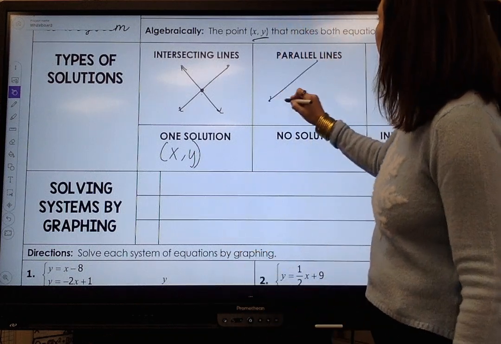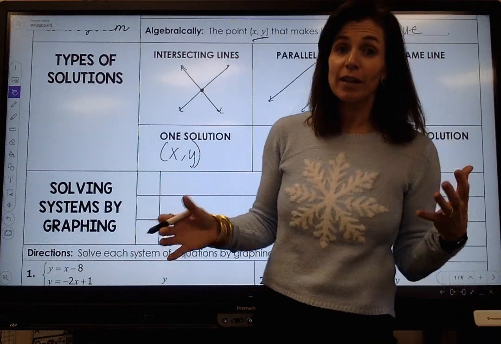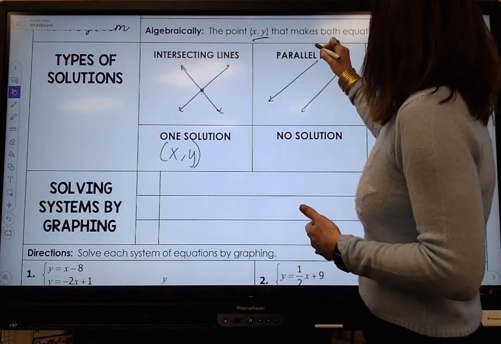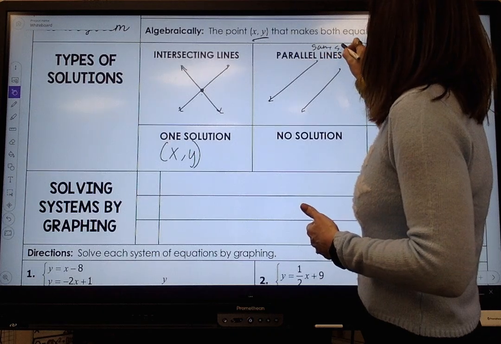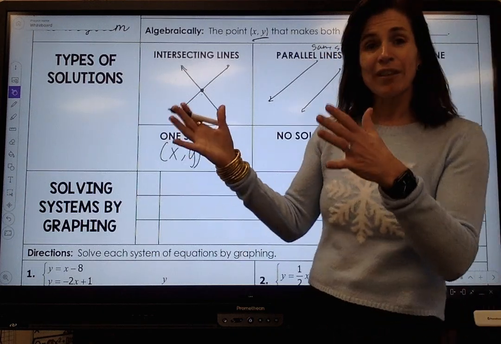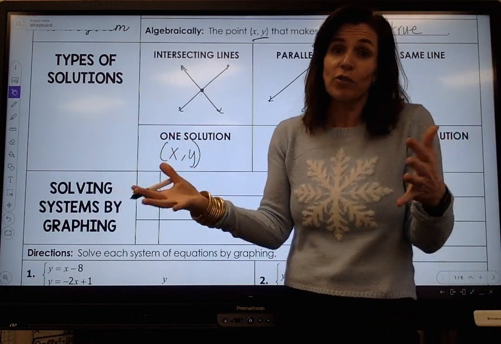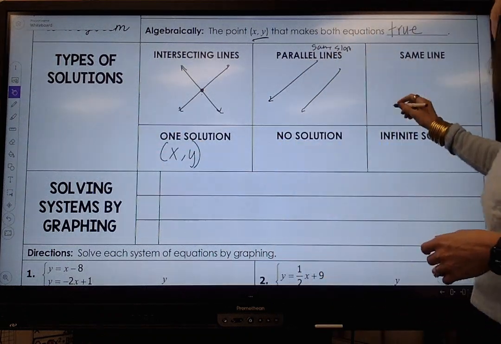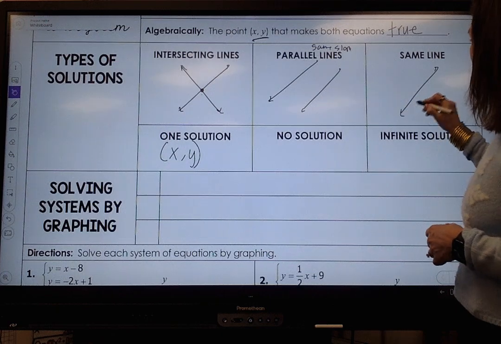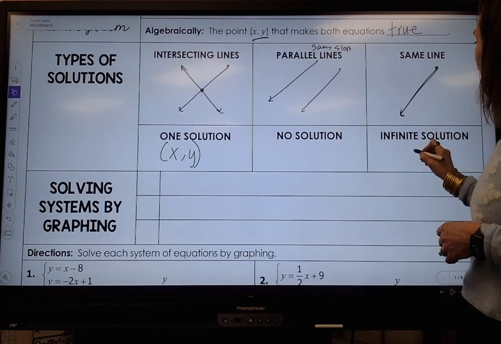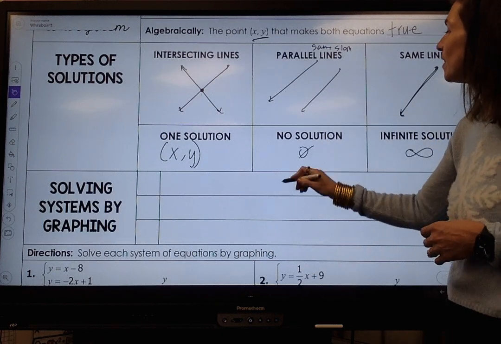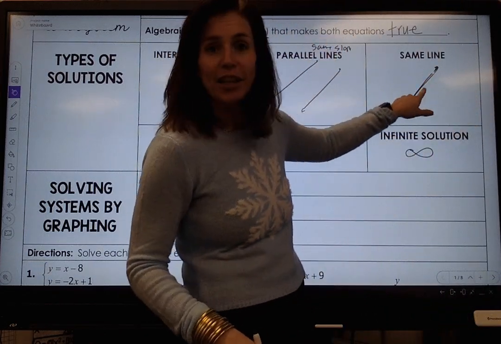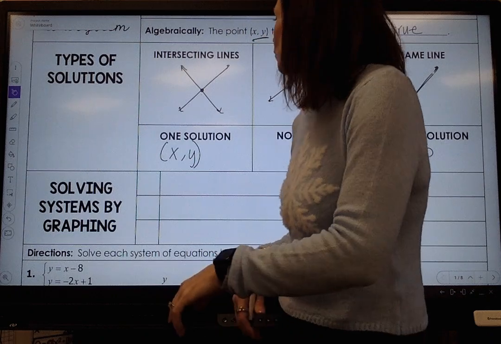If lines are parallel, what you know about parallel lines from last unit is that they have the same slope, and they never intersect. So if they never intersect, they're never going to share a common point. So, no solution. And when you have the same line, they overlap each other, and that means you're going to have an infinite number of solutions, right? It's at every single point they share.